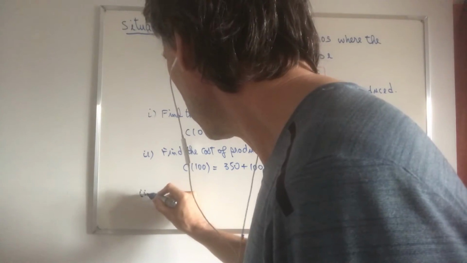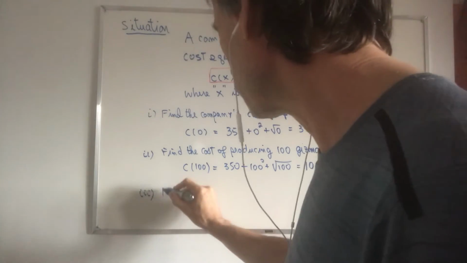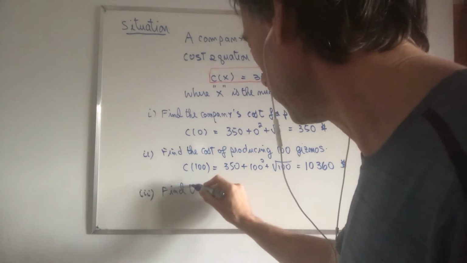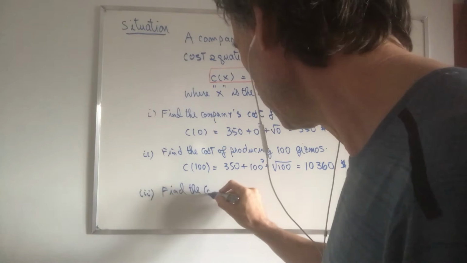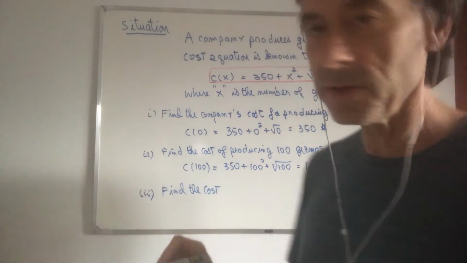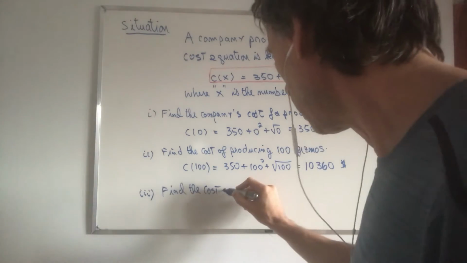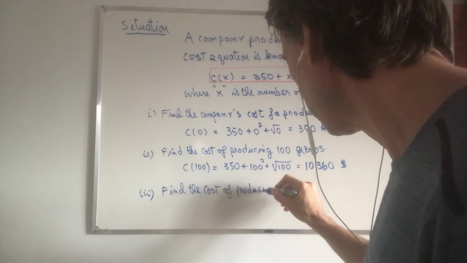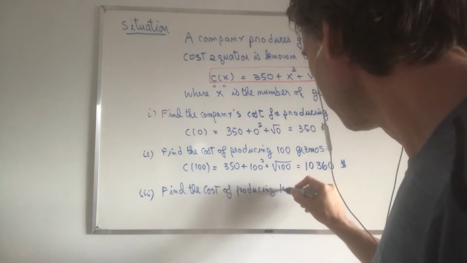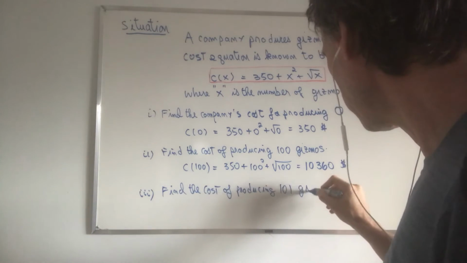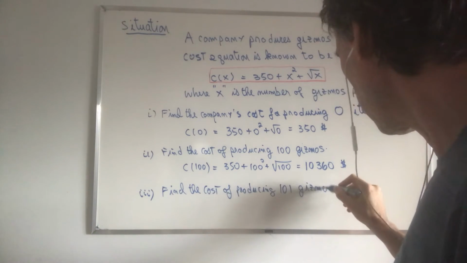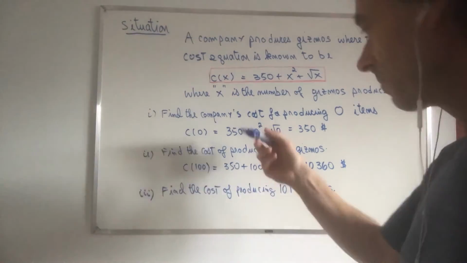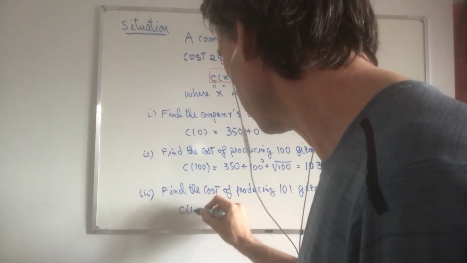All right, continuing our little investigation here with something that you might actually find to be not so really worthwhile, but trust me, it opens the door to the calculus application of marginal cost. Find the cost of producing, this time, 101 gizmos. Okay, a little repetitive. So instead of C of 100, this is C of 101.